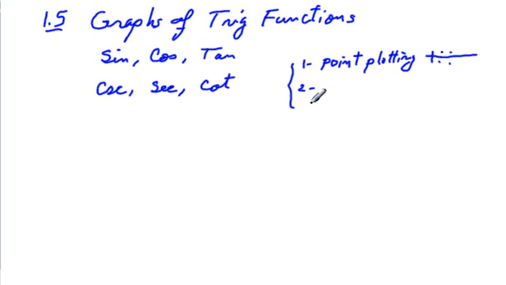Option 2 is to realize these functions are reciprocals of those functions. So we are going to use reciprocal identities, and essentially learn how to graph the reciprocal of another graph.